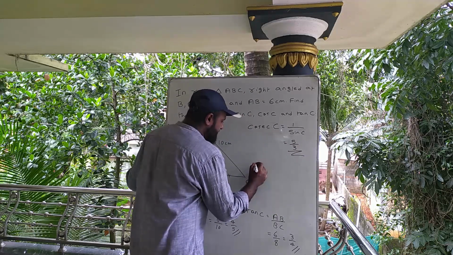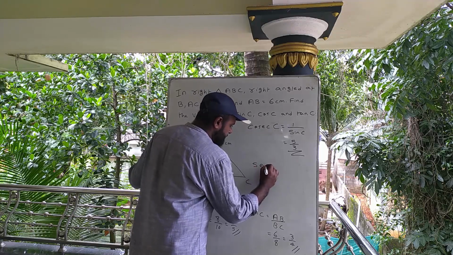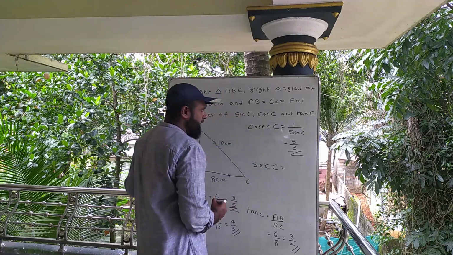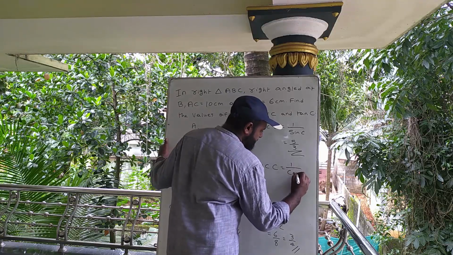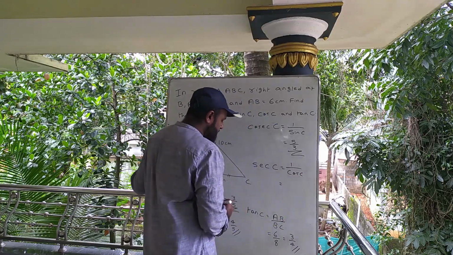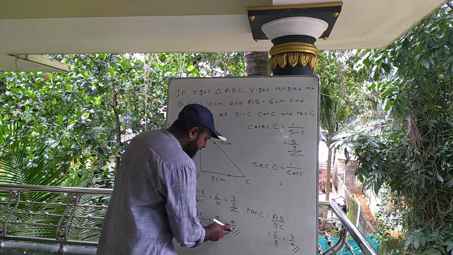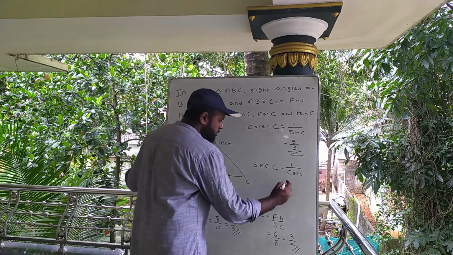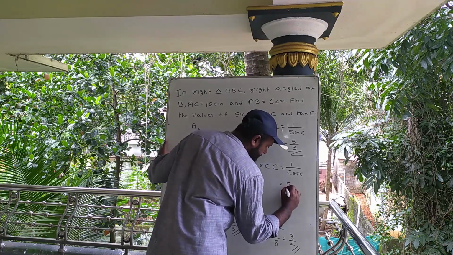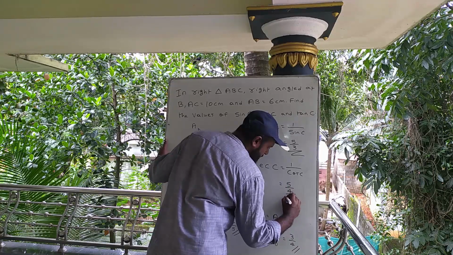We can find what is sec C. Sec C equal to 1 by cos C. Here cos C equal to 4 by 5. 1 by cos C equal to 5 by 4. So sec C equal to 5 by 4.